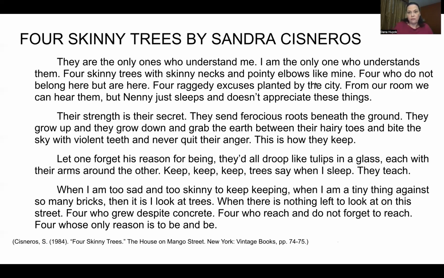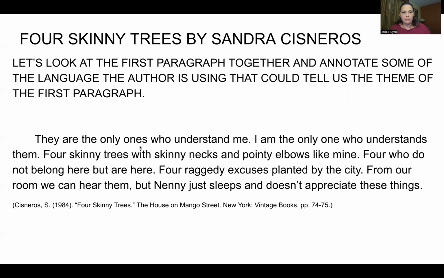Okay, so what we're going to do first is look at this first paragraph together, and I'm going to help you annotate it. So hold on, let me bring up my annotation stuff. Okay, there we go.